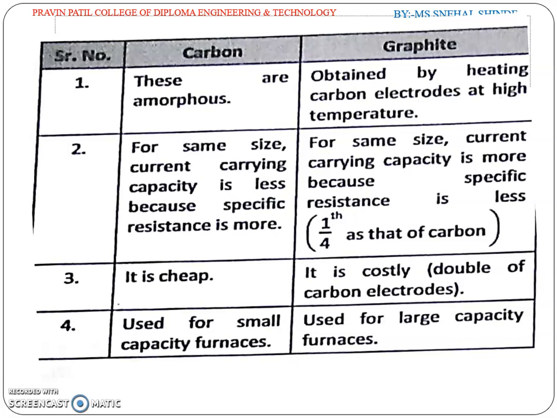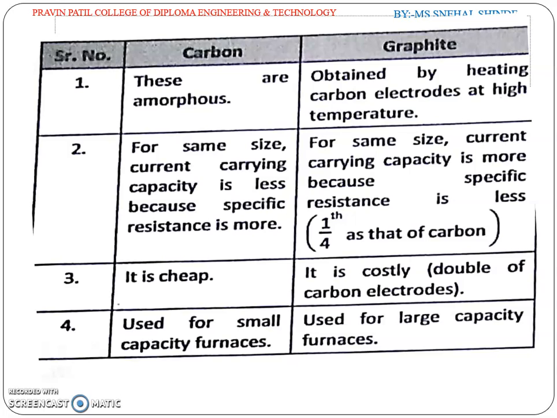Therefore, for the maximum current to flow, the resistance should be low. Graphite electrodes are used for large capacity furnaces where large mass production is there.